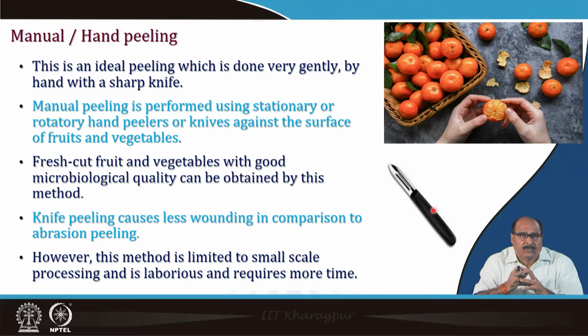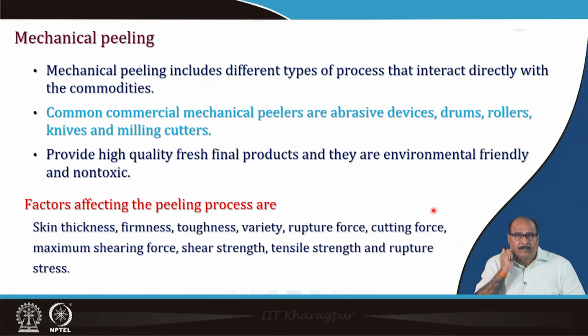Fresh cut fruits and vegetables with good microbiological quality can be obtained by this method. Knife peeling causes less wounding in comparison to abrasion peeling. However, this method is limited to small scale processing and is laborious and requires more time in comparison to the other mechanical methods.